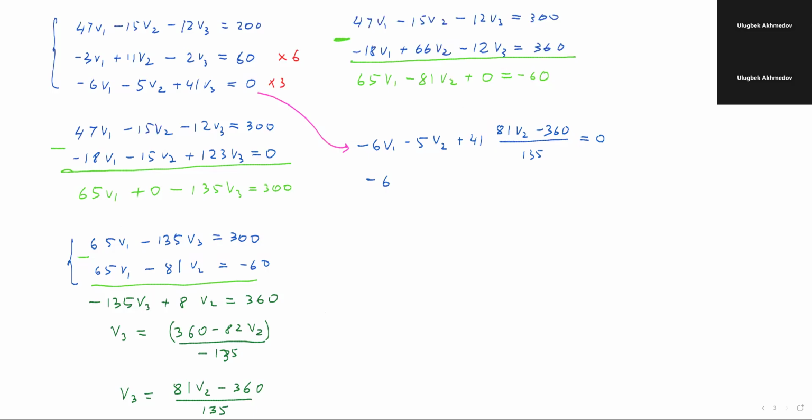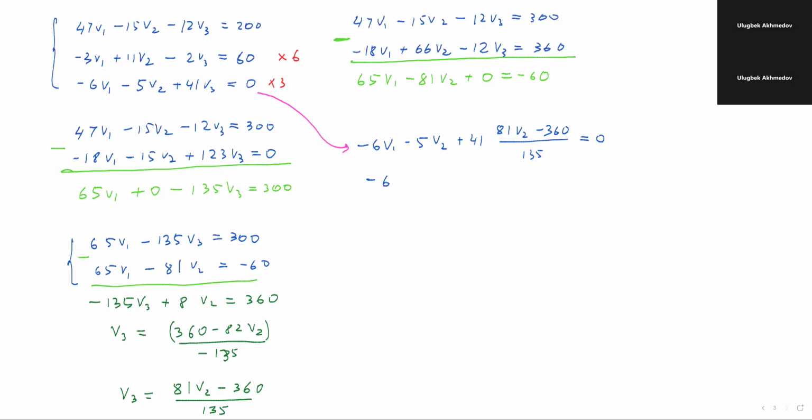For this, we're going to use a calculator because you can't waste any time with this. 6 times 135 is 810.